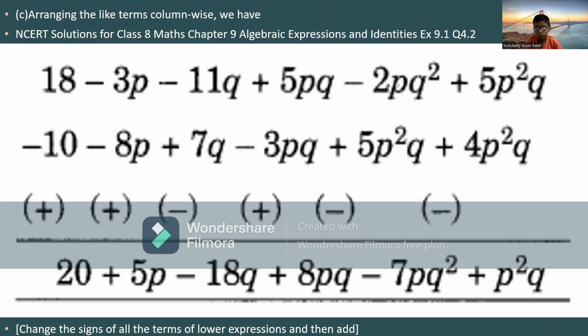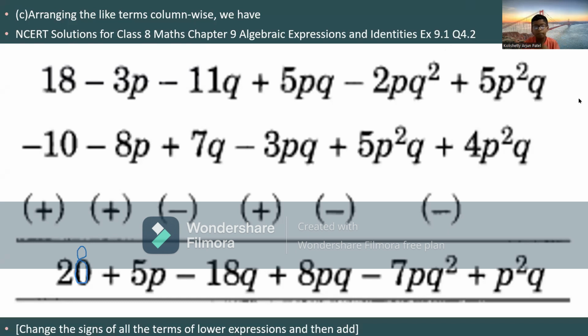The answer here should be 28. As you know, 18 plus 10 is how much? Tell me guys. 28, right? It's simple common sense. So I'm going to mention to NCERT that you have a small mistake.